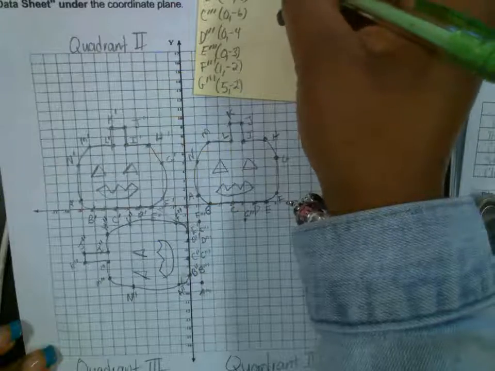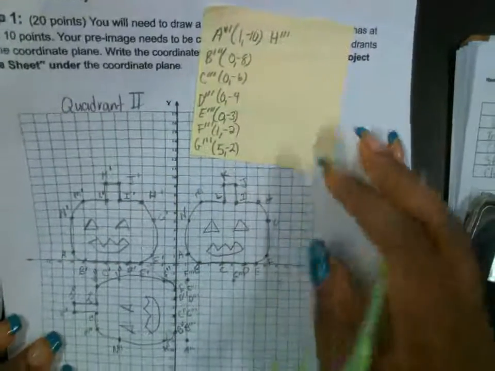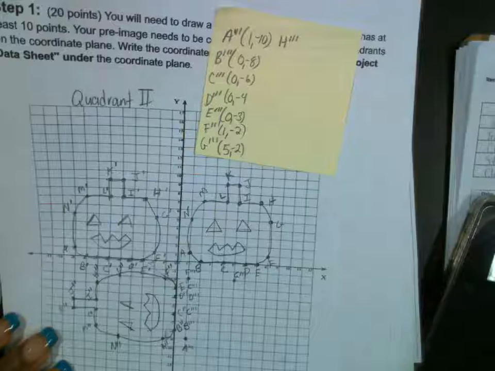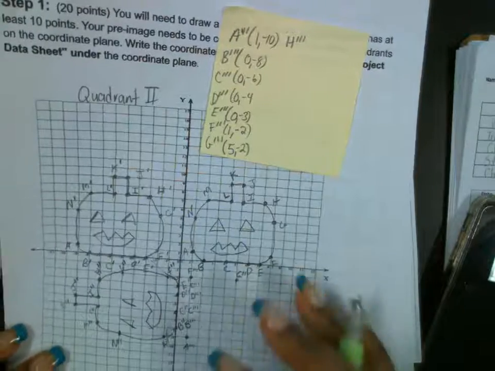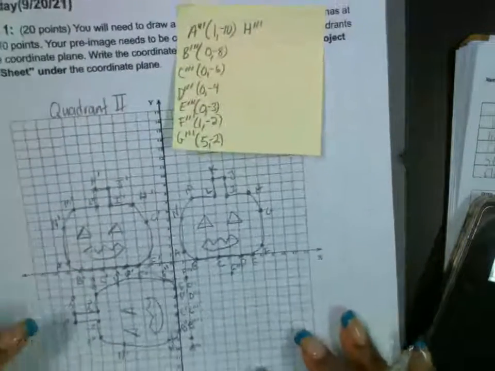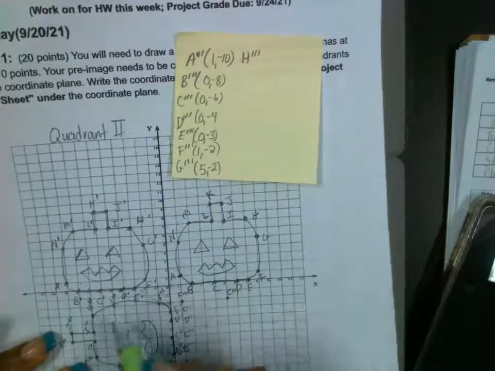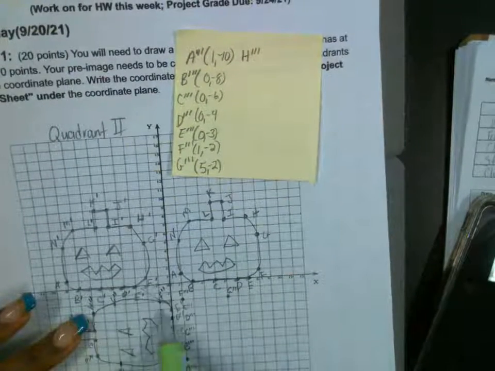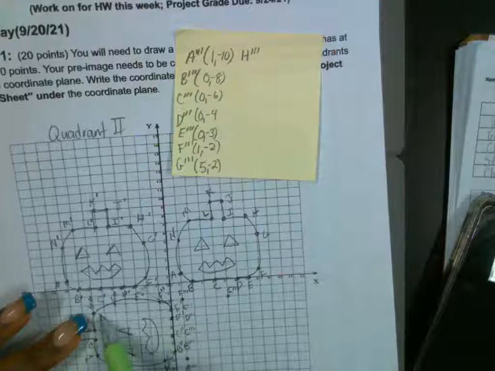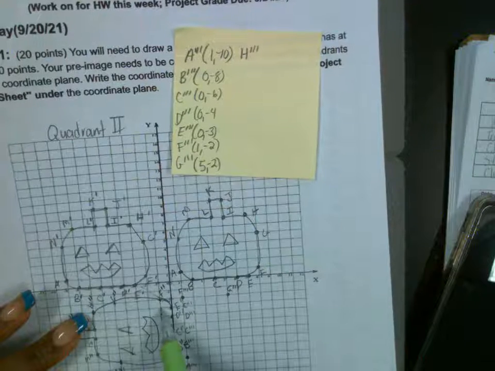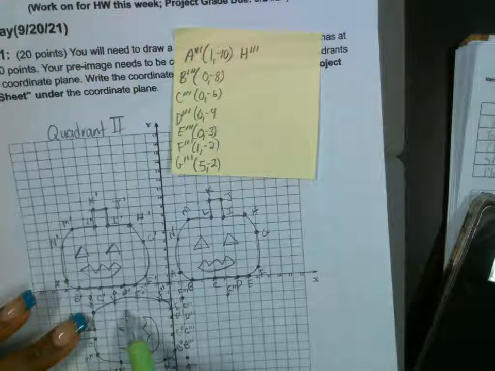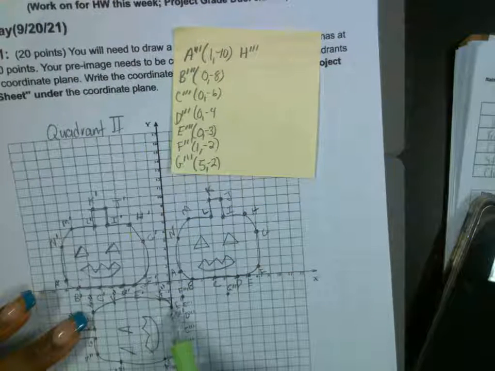H triple prime. Okay. All right. Let's look at H. Slide this down just a little bit. Look at where H is. Look how far it is from the line of reflection, or the y-axis. 1, 2, 3, 4, 5, 6, 7.